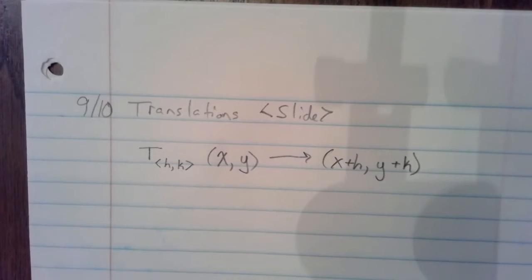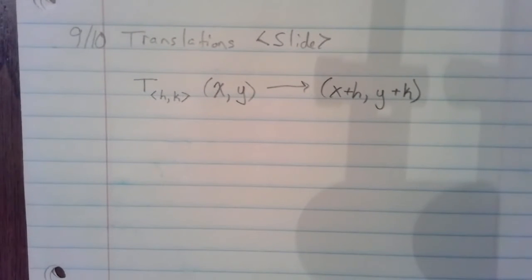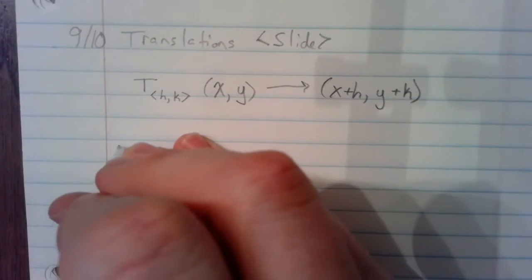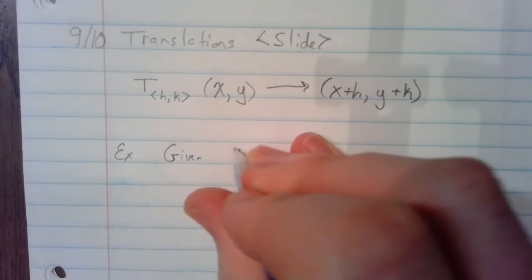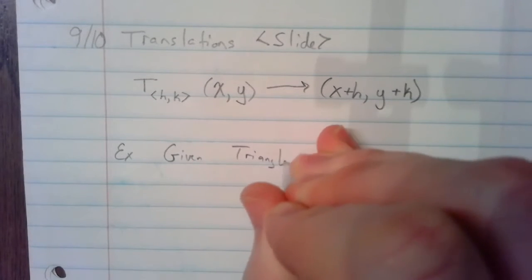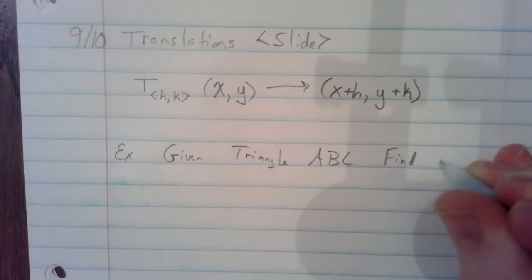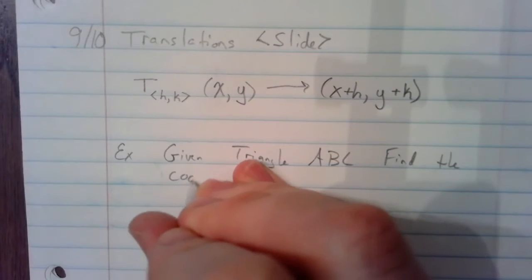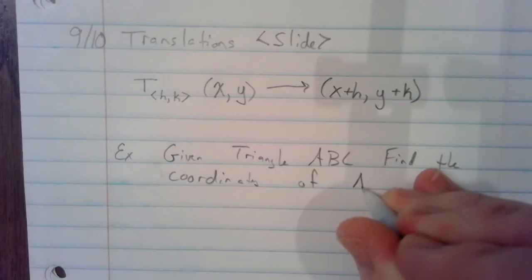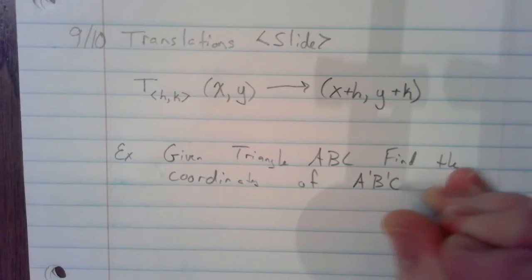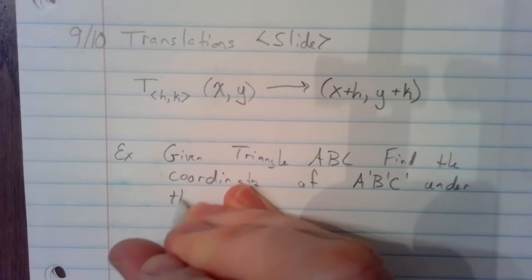Alright, so problems. We're going to see a couple different types of problems. The first one is going to say, given triangle ABC, find the coordinates of A prime, B prime, C prime under the given translation.